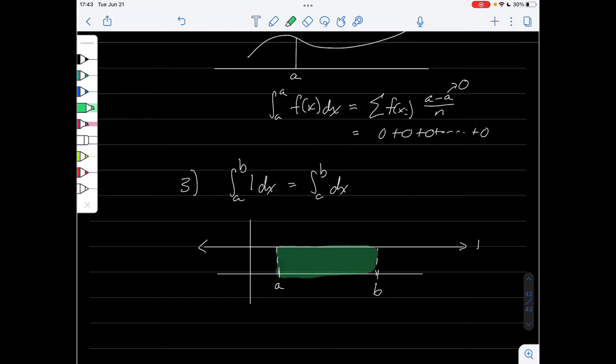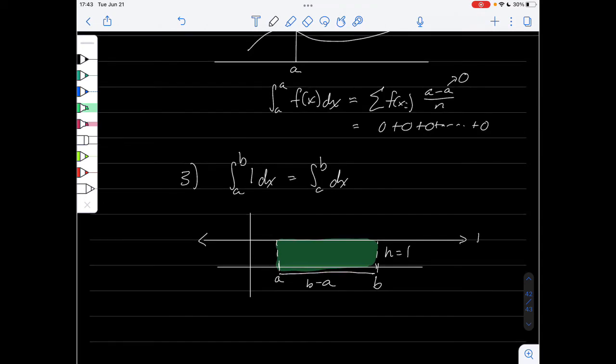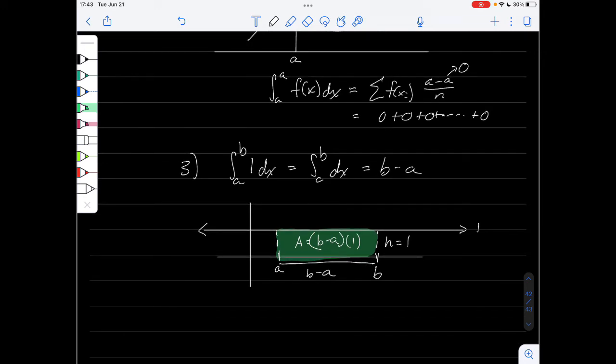And as we can see, this area is a rectangle where the height is equal to 1 and the base is b minus a. It's the length of the interval. So the area is equal to b minus a times 1. So this is just b minus a.